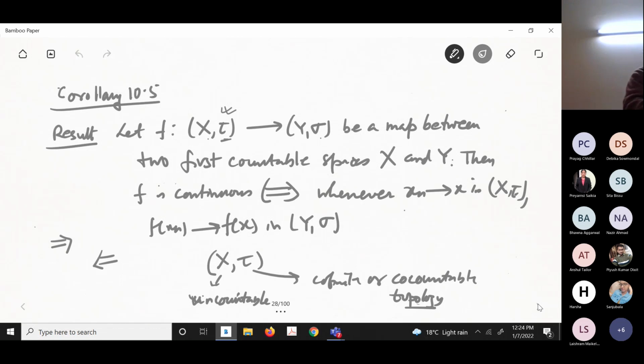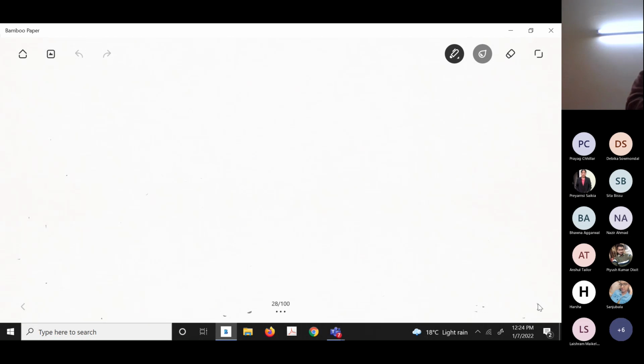Now I told you that sequential characterizations of closure point and continuity may not be true in general.